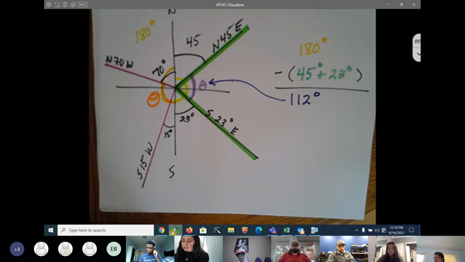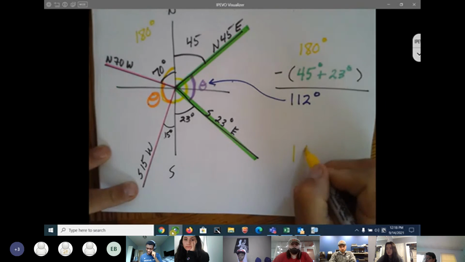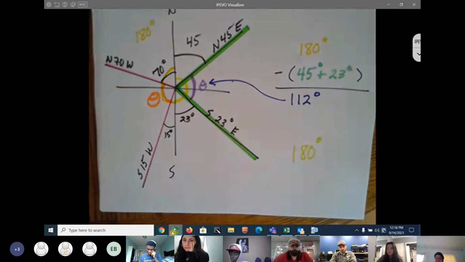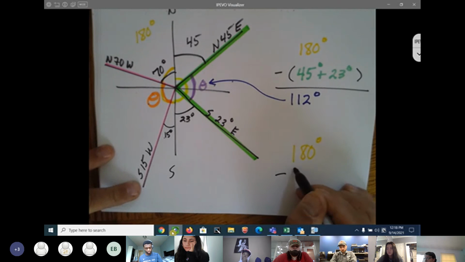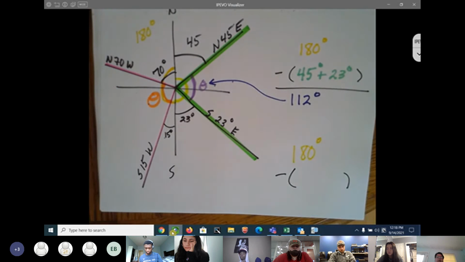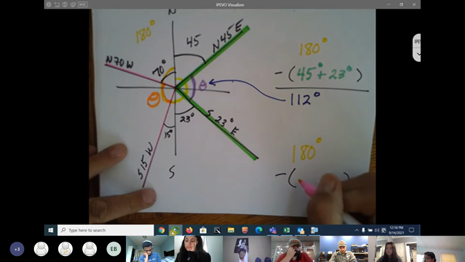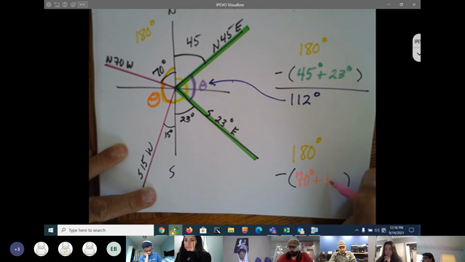So that's going to be 180 minus 70 degrees plus 15 degrees.